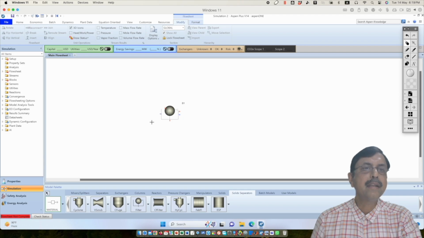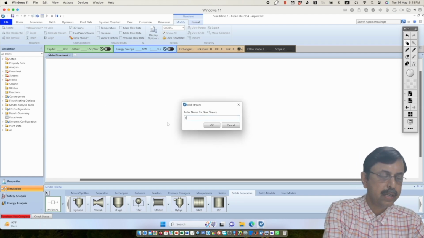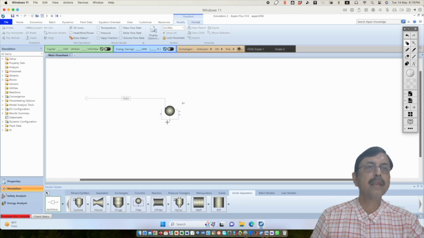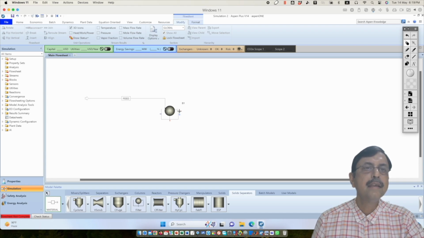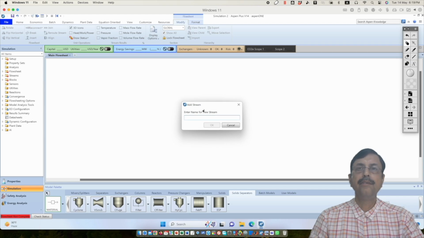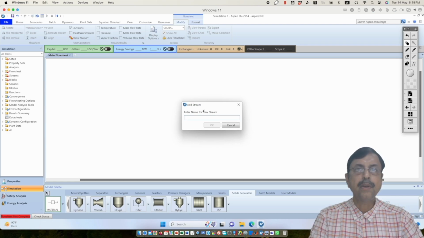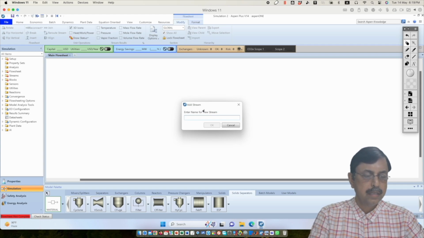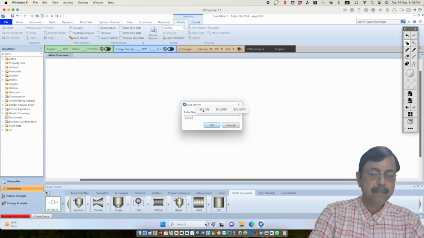these are the mandatory inputs that we have. This is the mandatory feed. This is required, so let us call it feed. And then this is the solids. Obviously, filtration is a process by which we separate the solid from the liquid. So let us name it solid.